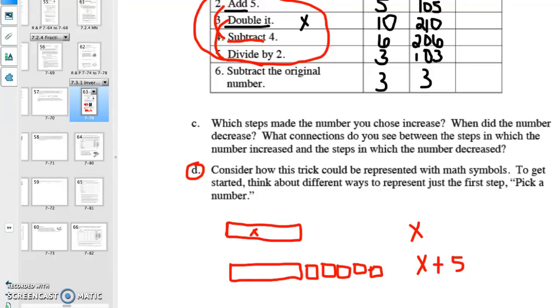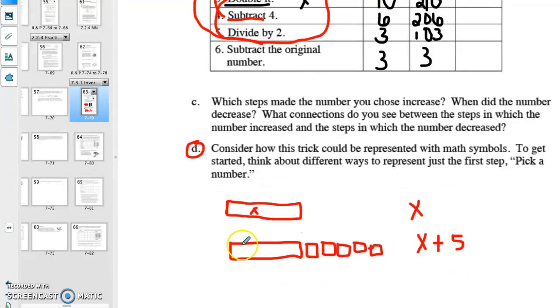So we're going to take that original, or the picture that we had from the second step, and we're going to duplicate it, right? So we have the same picture, and we have to show how we would double this. Well, we would make an exact replica of it so that we have 2 of them, right? So this is what the picture would look like for that third step.